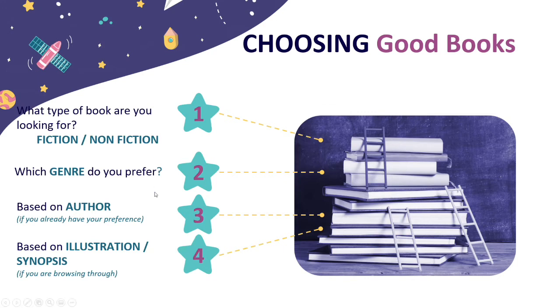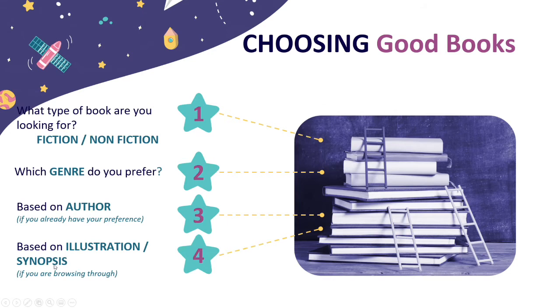Number 2, you have to choose the genre. Number 3, based on author. If you already have your preference, it is easier to choose a book based on author. And the last one, based on the illustration or synopsis.